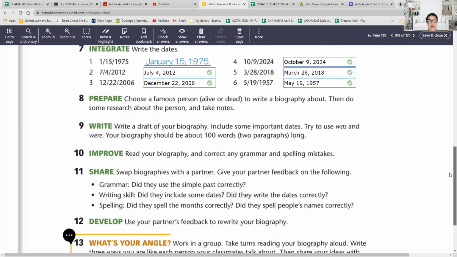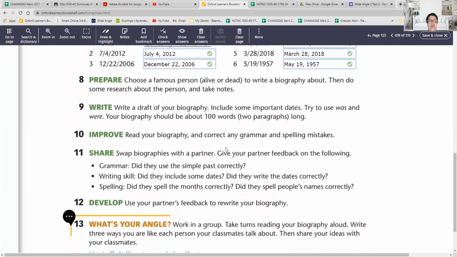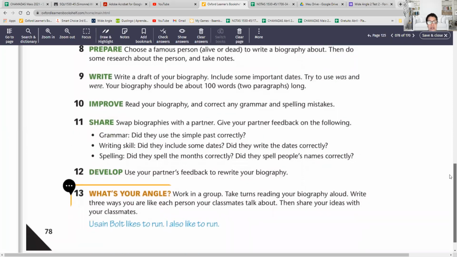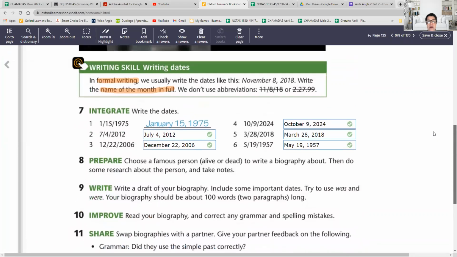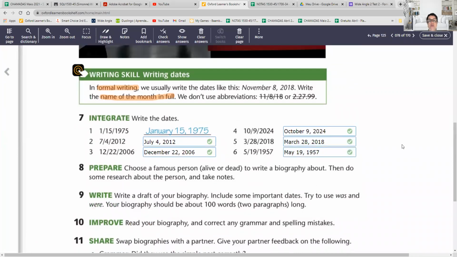Right, people? Here they want us to write a biography of a person, but we don't need to do that. So we don't need to worry about it. If you want, you can write a short paragraph, just 2 or 3 lines about a person you admire, famous or not famous.